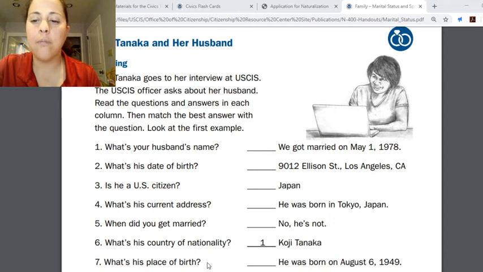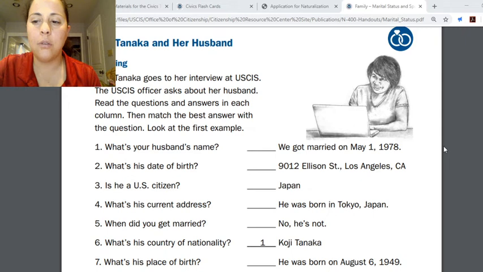And the last question. What's his place of birth? He was born in Tokyo, Japan. Tokyo is the city, Japan is the country.